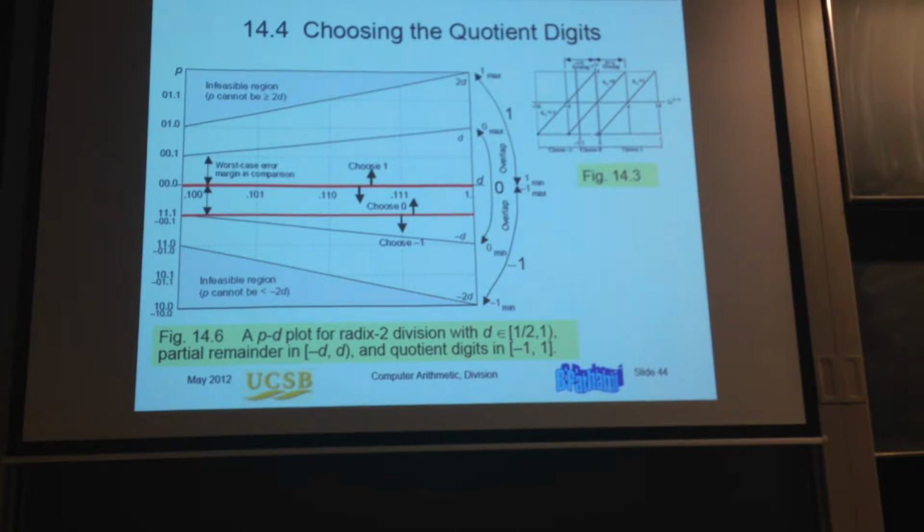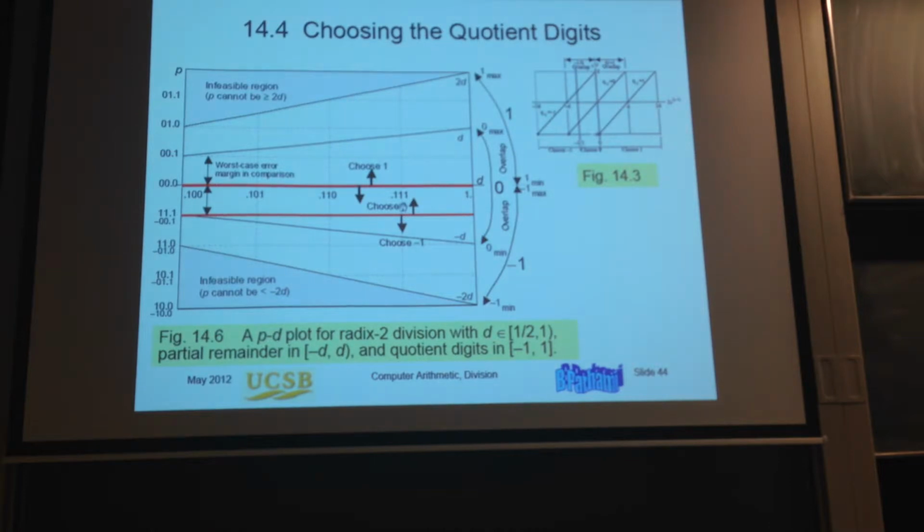If I can do that, I can partition this feasible area in parts where my choices are clear. And this is exactly this line. If my partial remainder is smaller or equal to -0.5, I'll choose a -1. If it's larger than 0, I'll choose a 1. If it's in between, I choose a 0.